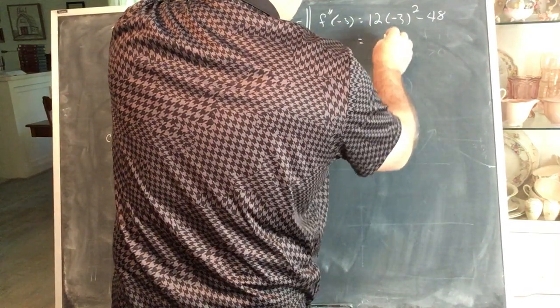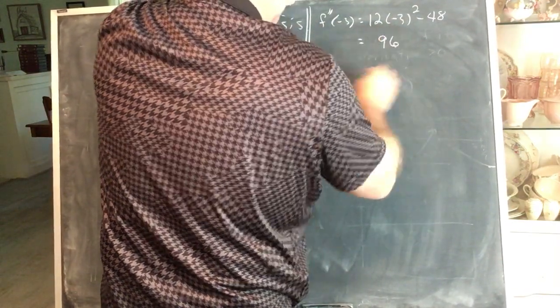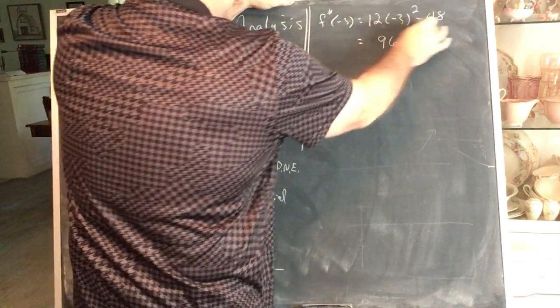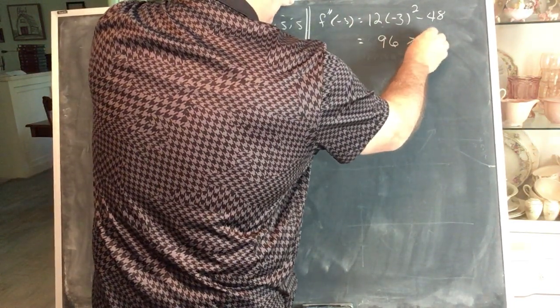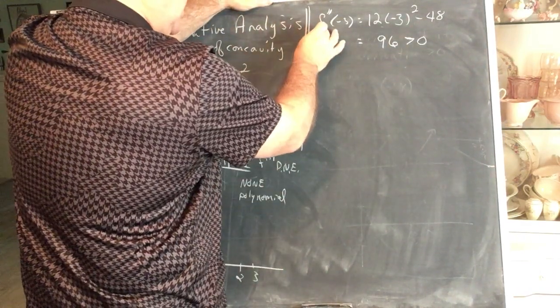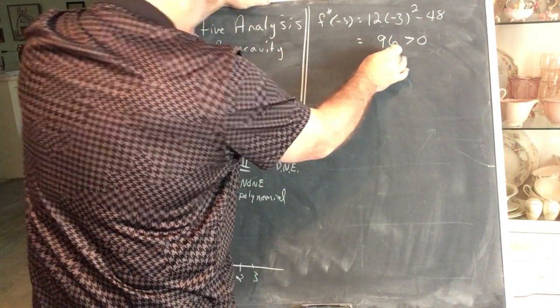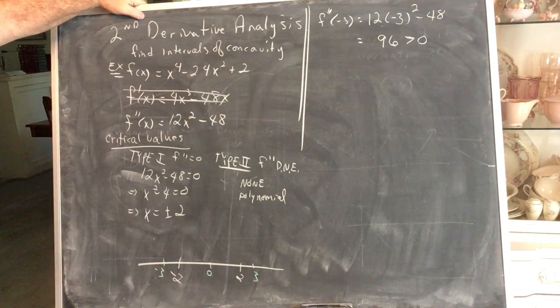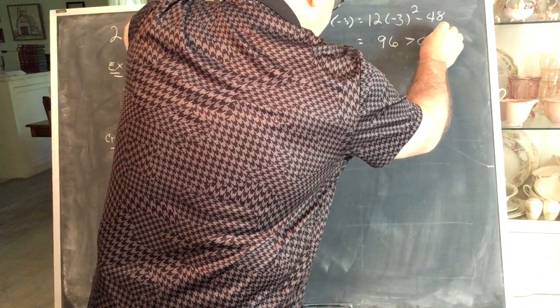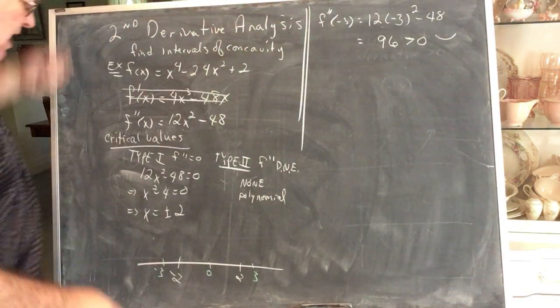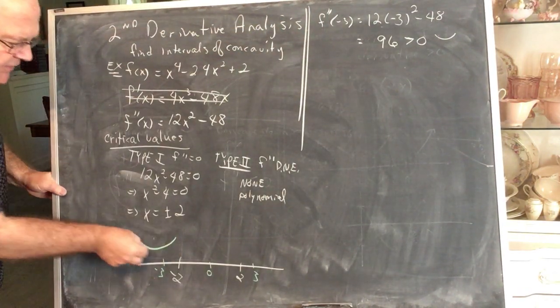If you do that computation, that works out to be 96, which is greater than 0. So if the second derivative is greater than 0, what do we know about the concavity? The curve must be concave up, so in this interval, the curve is concave up.